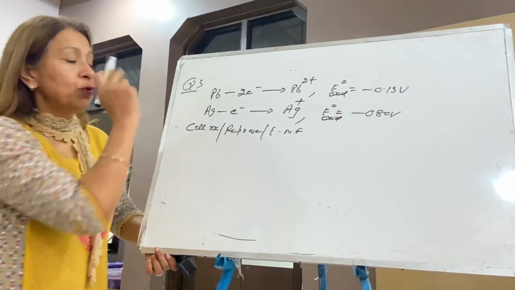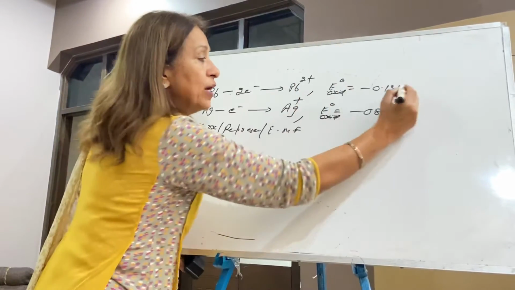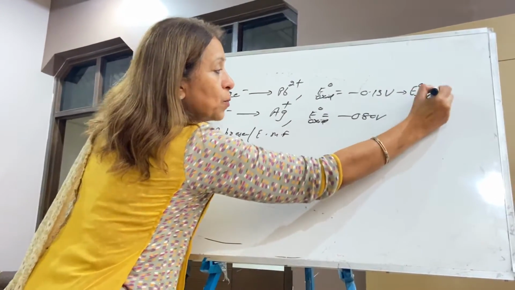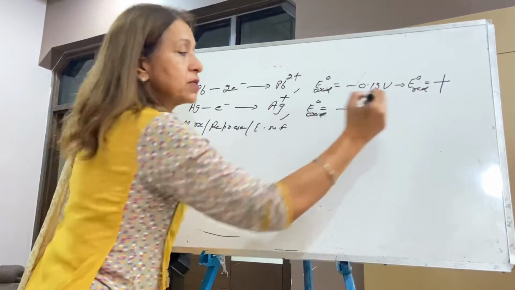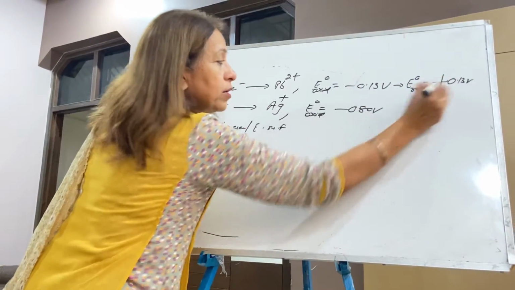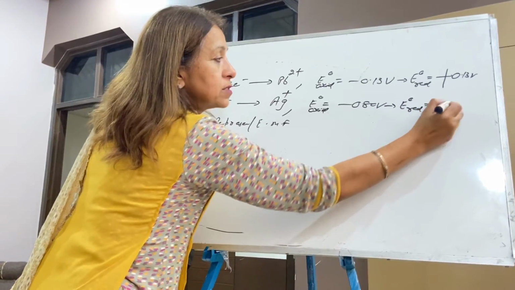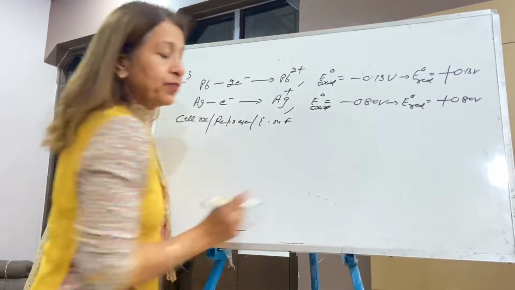So first of all, what you will do? You will convert this value. Write E naught reduction: it's plus 0.13 volt, and E naught reduction is equal to plus 0.80 volt.